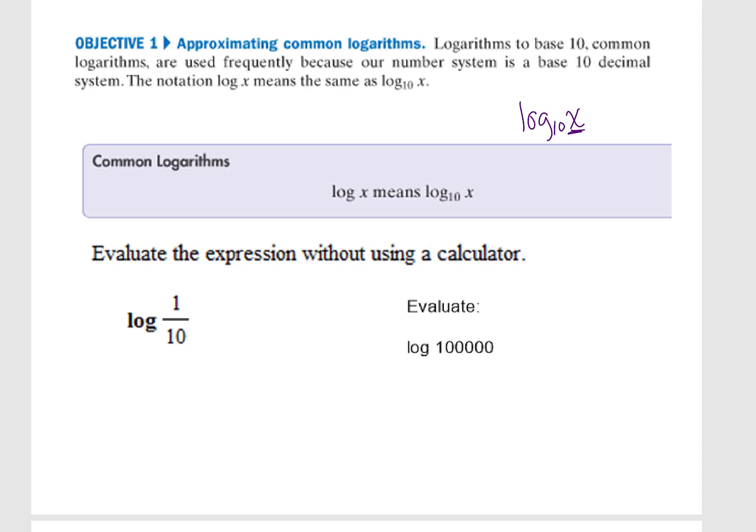So when we talk about powers of 10, remember that the exponential form is related to this logarithmic form. So when I see a log and it does not have a base here, I understand it to be a common log.